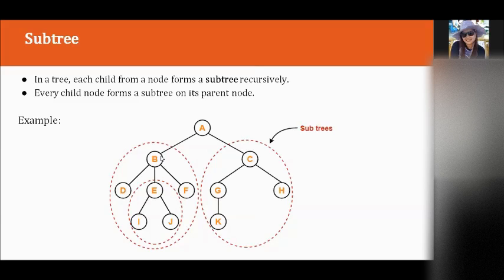We have the B, D, E. So this one, the EIJ is already a sub-tree because it completes. We have the parent and the child, wherein the I and J are the siblings. So this one also, the root C, or the parent C, we have the child G and H. So this is now, again, a sub-tree.